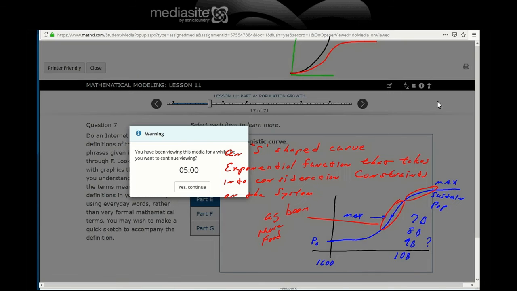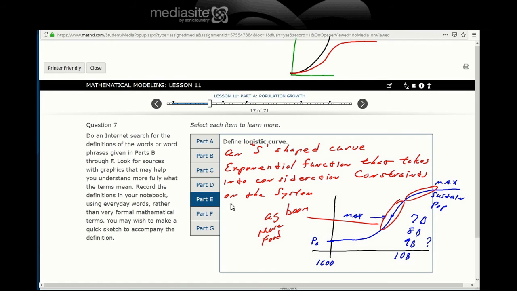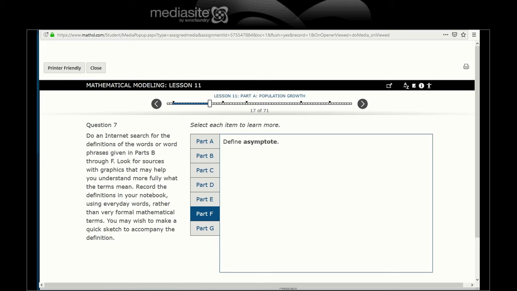So the logistic curve is an S-shaped curve. It's an exponential function that takes into consideration constraints on the system. Asymptote. Put me on pause and look it up. What is an asymptote?